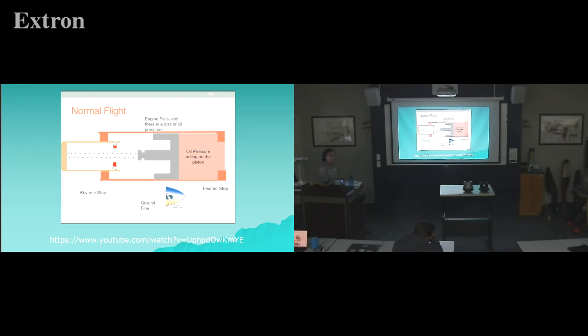When the engine fails in flight, there will be a loss of oil pressure, the feathering valve will open, and then the feathering spring will push the piston all the way back to the feathering stop. And there we go. Okay, so that's normal flight, and that's what we want. The propeller is now in the feather position.